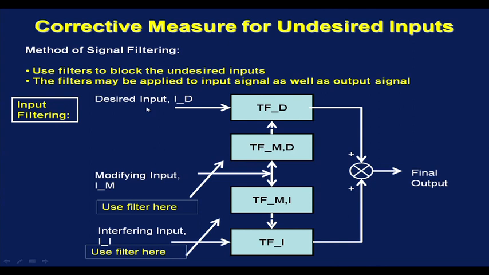So, by introducing suitable filters to input signal, it is theoretically possible to make my instrument sensitive to desired input only, or to make my measurement sensitive to desired input only.